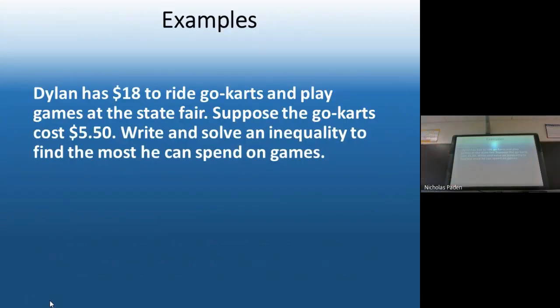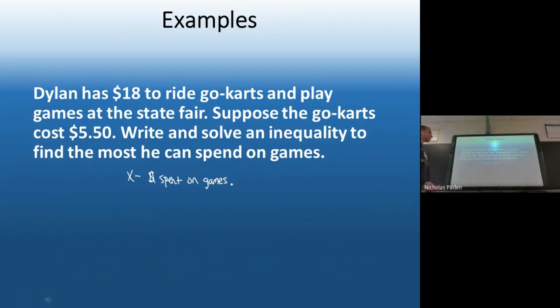So Dylan has $18 to ride go-karts and play games at the state fair. Suppose the go-karts cost $5.50. Write and solve an inequality to find the most he can spend on games. Okay, so first thing we want to do is say, what's x going to be? x is going to be the most he can spend on games. So, money spent on games.